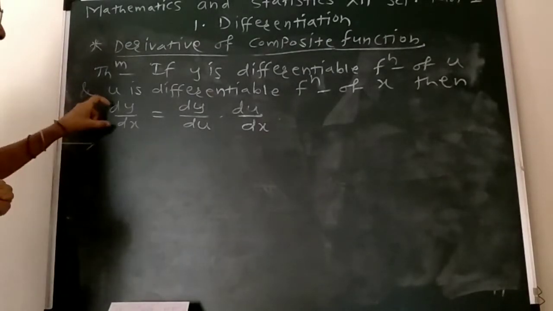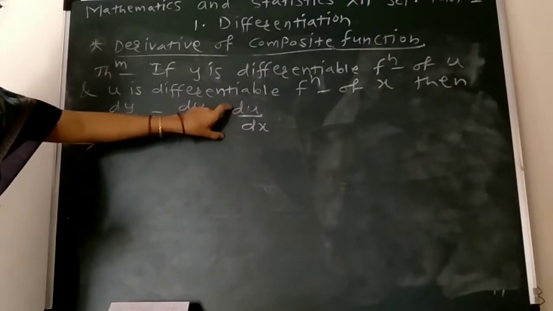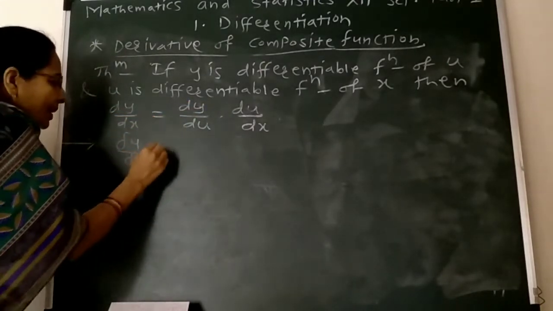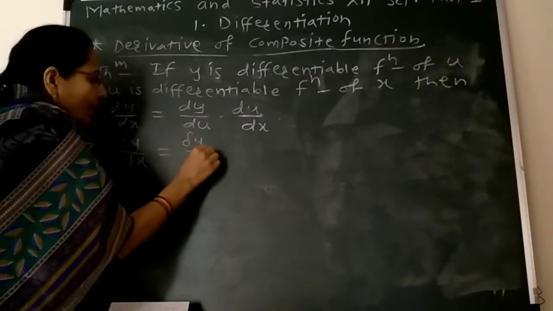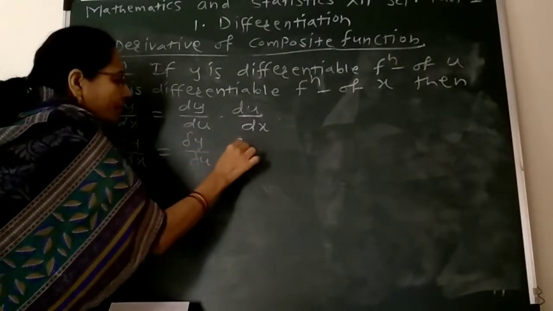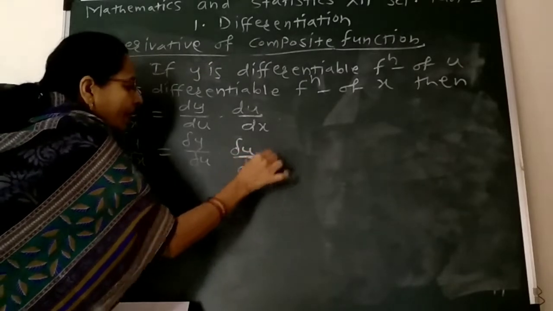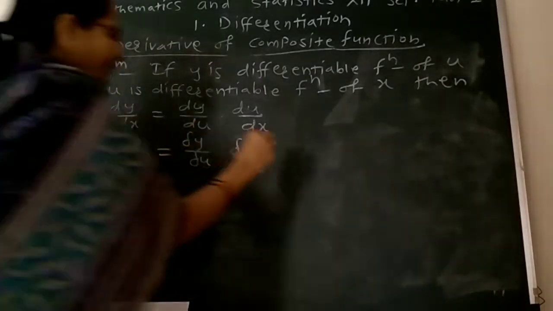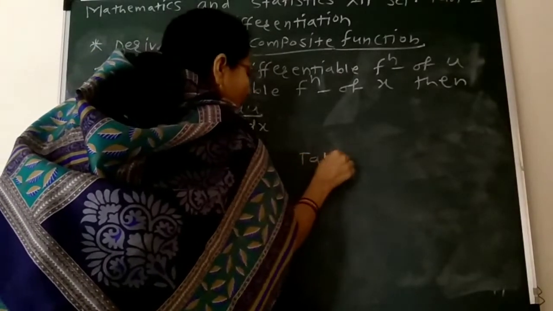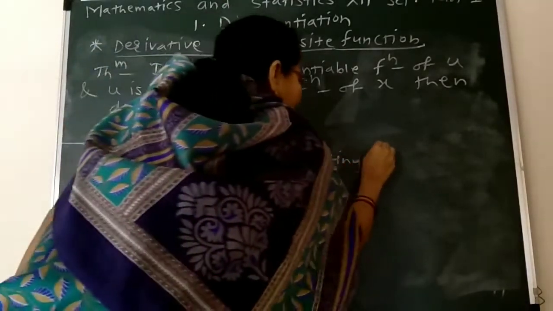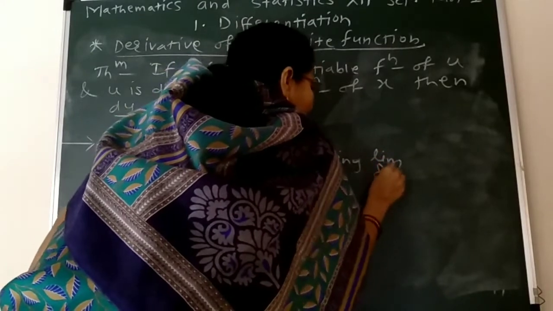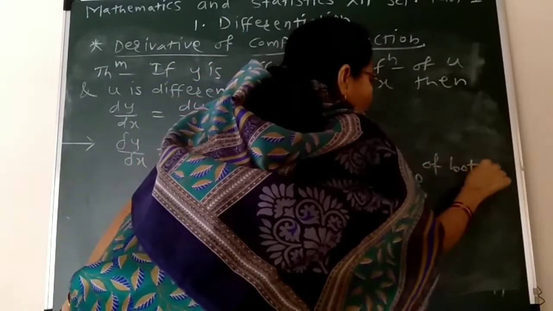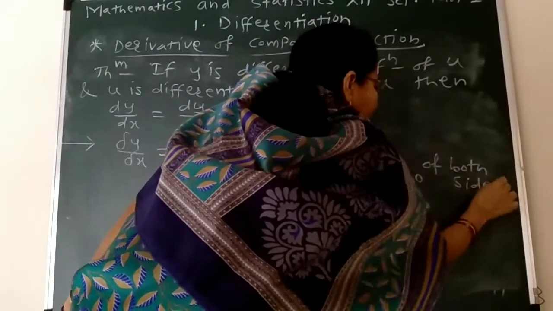For that, write this step in delta form. So delta y by delta x is equal to delta y by delta u into delta u by delta x. Take limit as delta x tends to 0 of both sides.